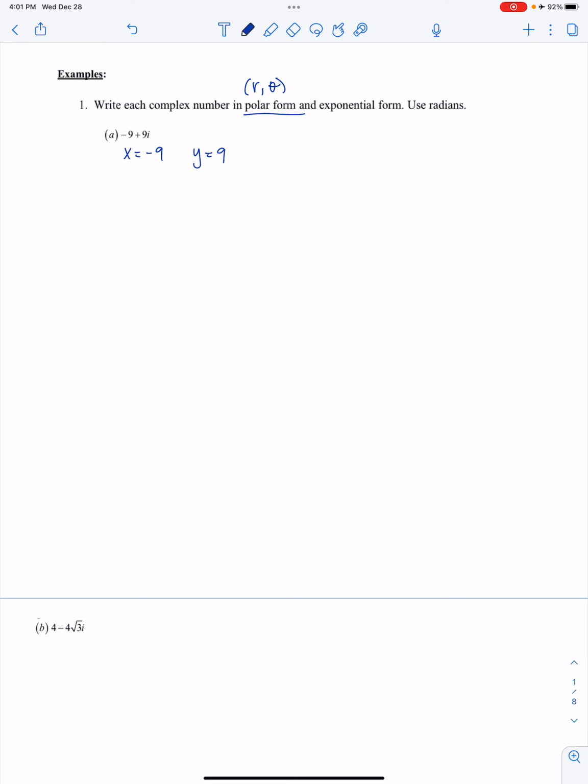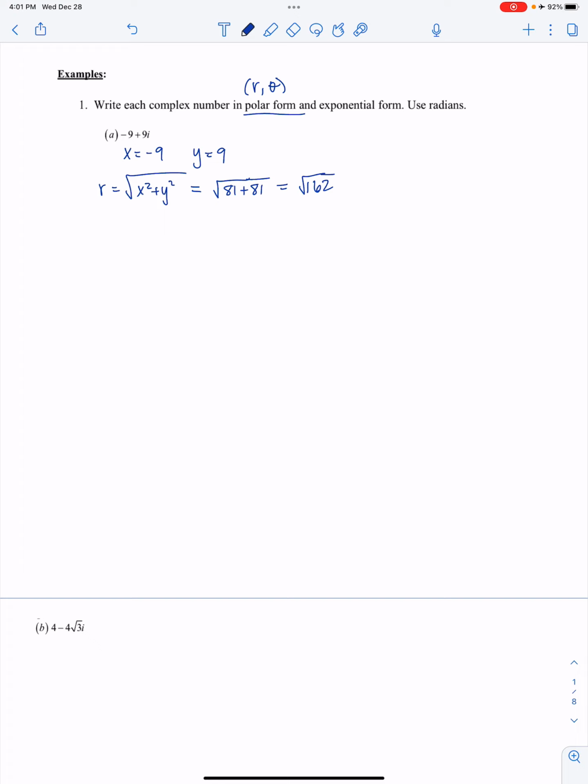So we need an r and we need a theta for that one. So we need our r, and r is the square root of x squared plus y squared. So this is going to be the square root of 81 plus 81, which is the square root of 162.